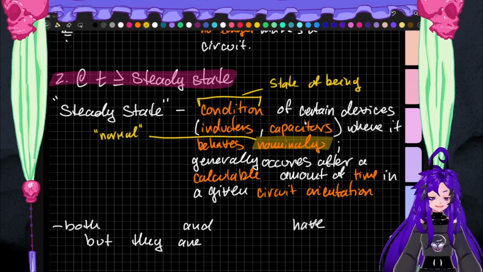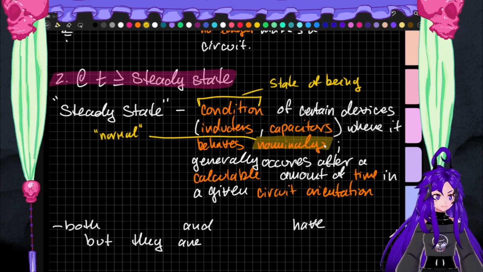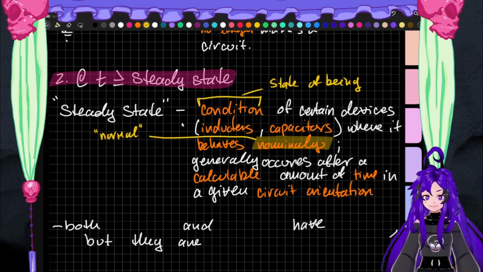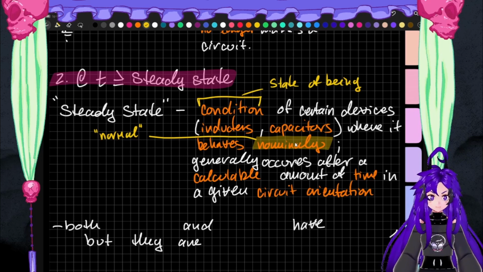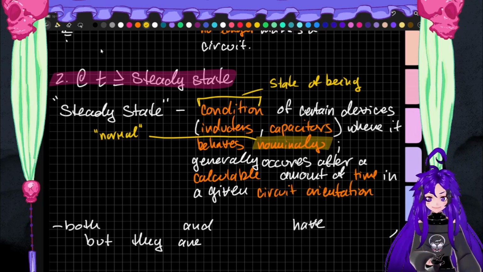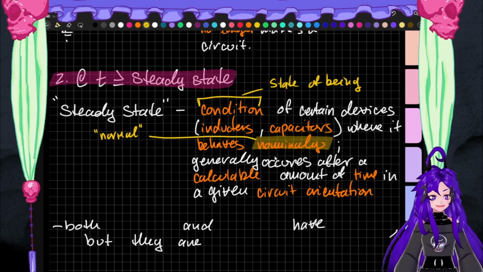I know that nominal can sound like this is the peak performance. It is not. It is normal. So until steady state, these devices don't operate the way we expect them to. Just something to keep in mind.